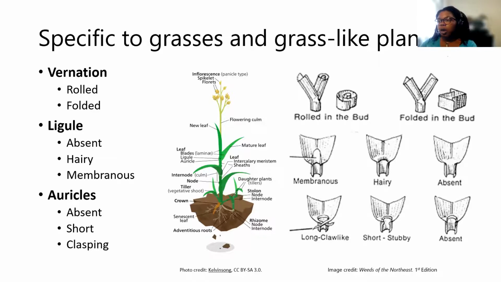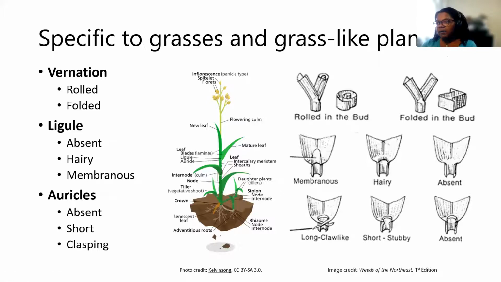So starting with the sheath, if you can see my cursor, the sheath is this area of the grass. And the sheath is the lower part of the leaf that surrounds the stem and younger leaves of grasses. And that's important because many of these other terms are in relation to the sheath. So for example, vernation is the shape of the leaves as they expand from the sheath.